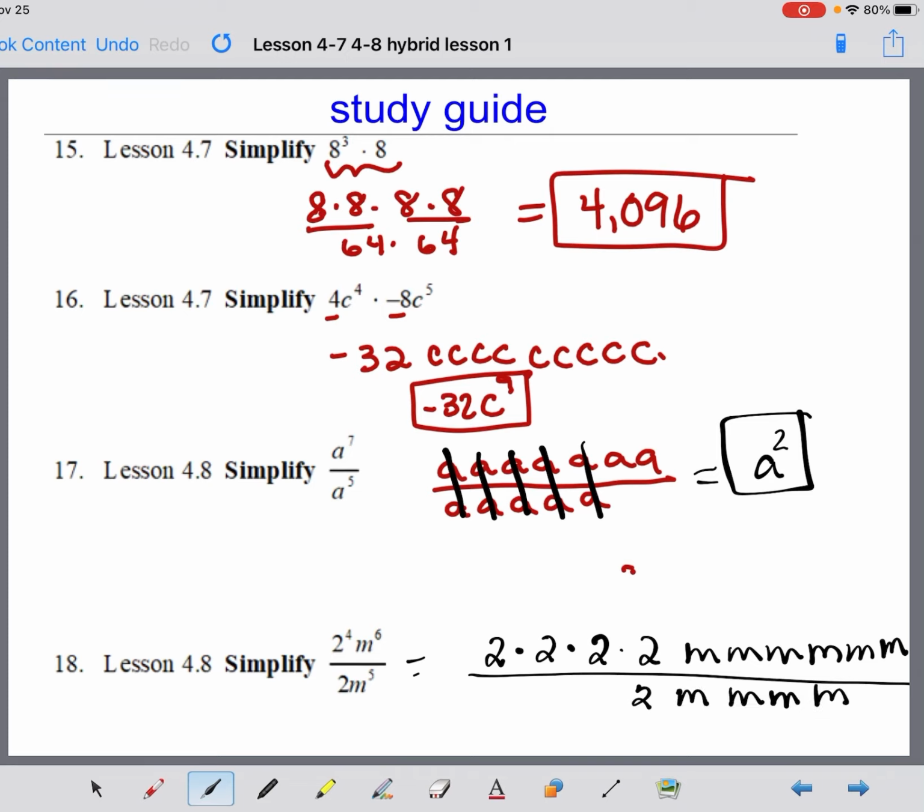Then I can work on what cancels out. 2 divided by 2 is 1. m divided by m is 1. Another m divided by m, and so on. What's remaining is 2 times 2 times 2, which is 8. And then I have 1 m remaining.